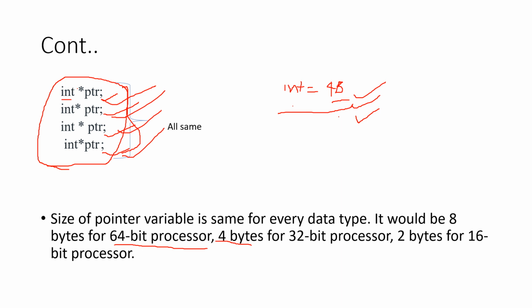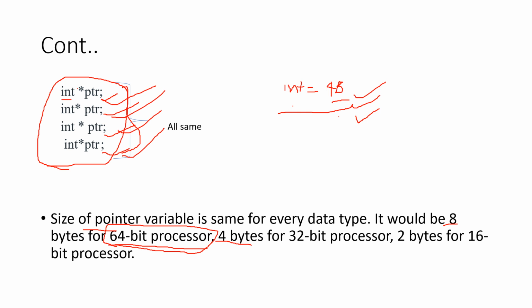Do remember. Now if you are going to create a pointer, either integer, float, double, or character, all of these will get 8 bytes if your microprocessor is 64 bit. Here all data types get the same size.